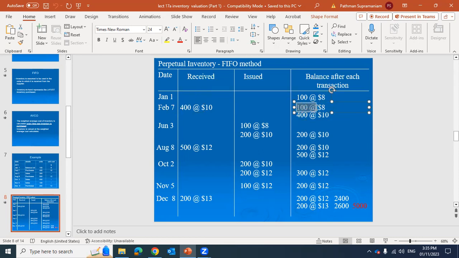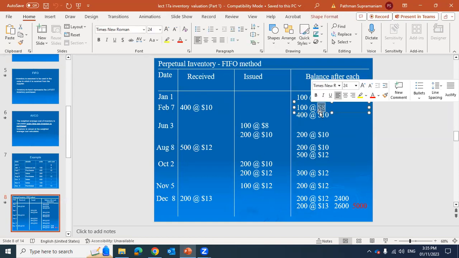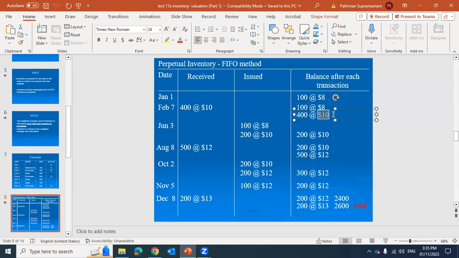We should write the 100 at $8 first, because this is the older inventory and this is the newer one. So we would write the inventory brought down, and then copy this here. This is how we represent the 500 units. We see them separately. As long as the cost per unit is a different figure, $8 here and $10 for the 400 units, we cannot merge them.